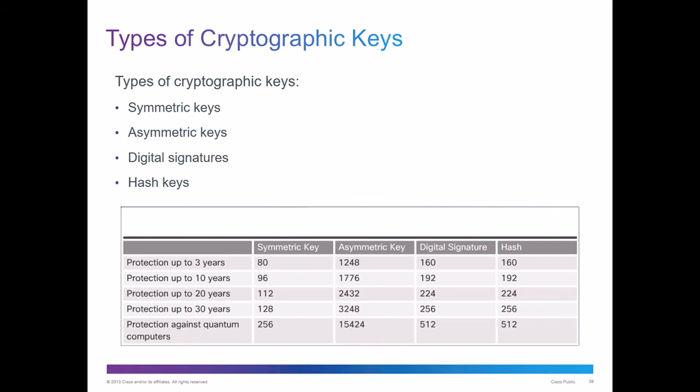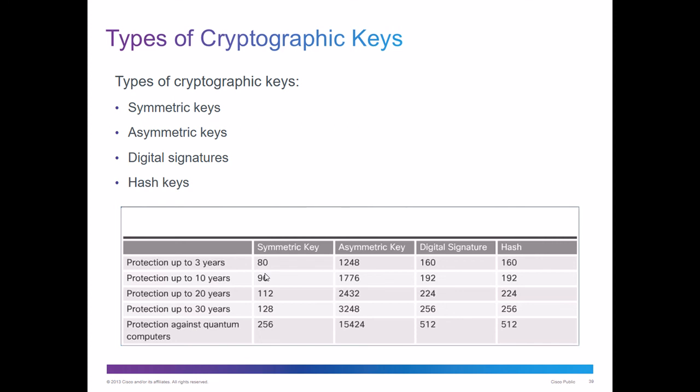All right, there are 2 different types of keys: symmetric and asymmetric keys. And here are the different types, with protection for 3 years, for 30 years. You can also have protection against quantum computers.